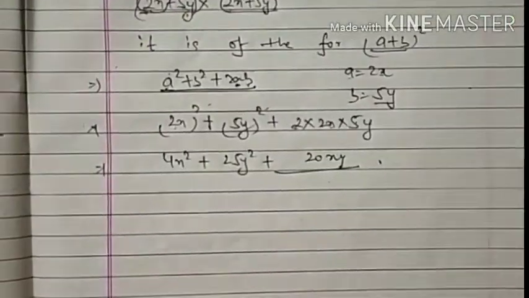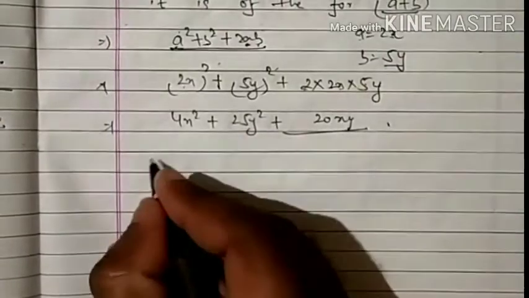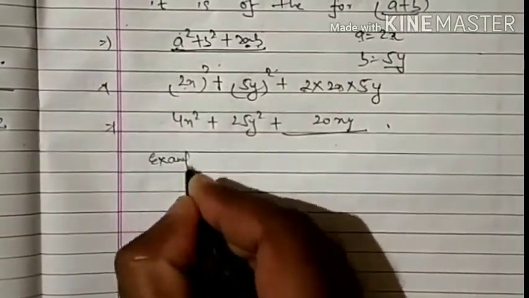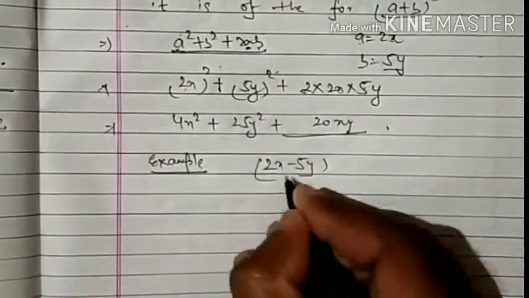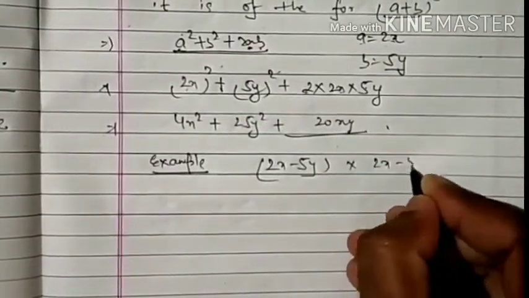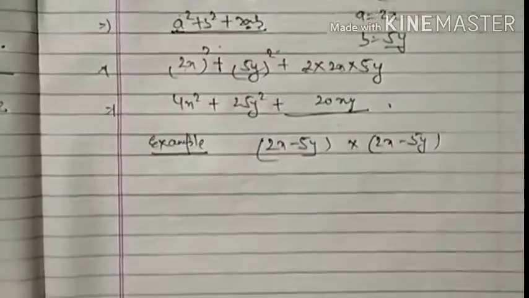Let's see the other question with a negative approach. 2x minus 5y multiplied by 2x minus 5y. What can we do?